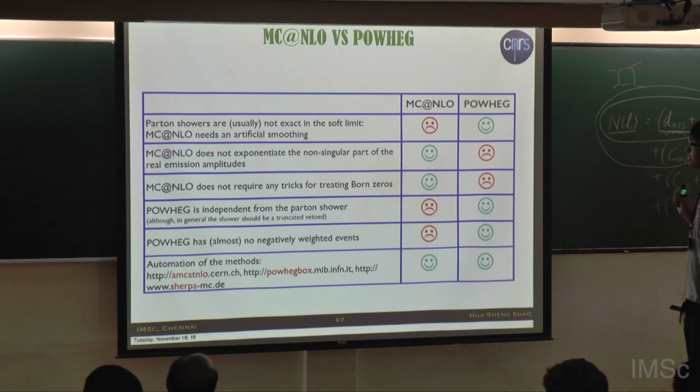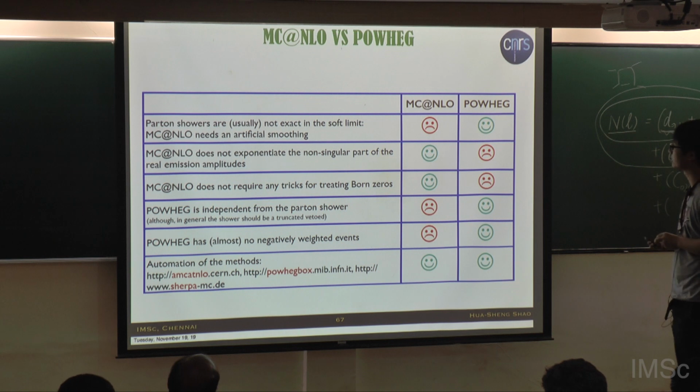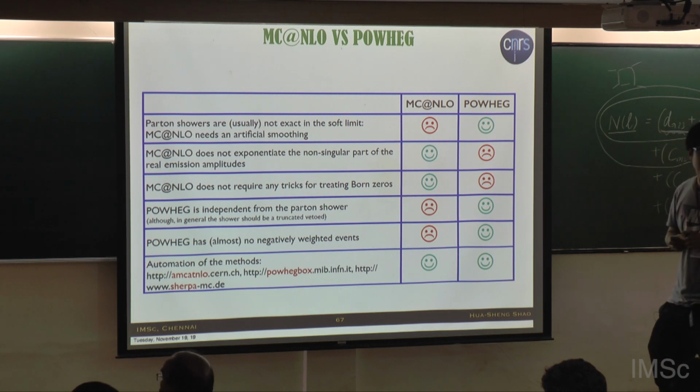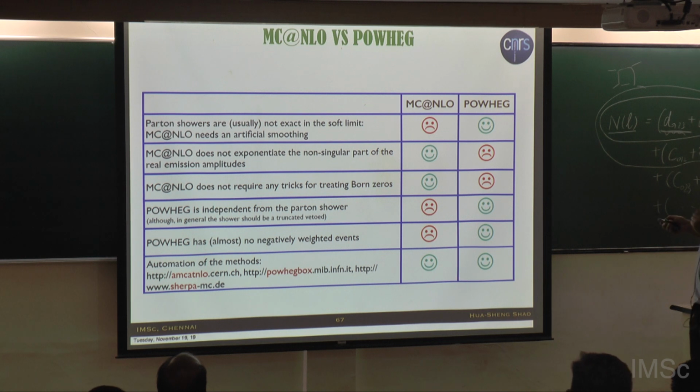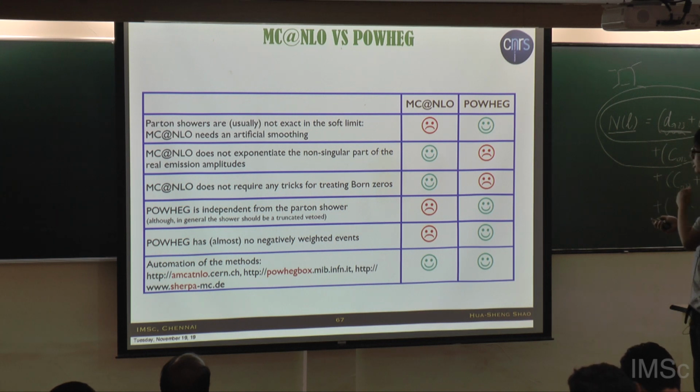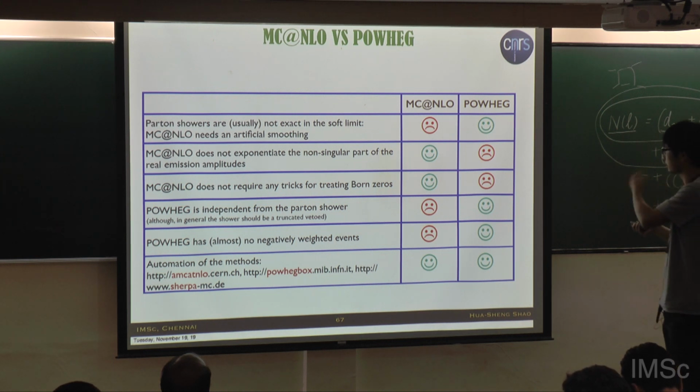So there's a comparison of the two approaches. There are both advantages and disadvantages, pros and cons. MC@NLO, as you say, the parton shower is usually not exact in the soft limit, so MC@NLO needs an artificial smoothing. POWHEG is fine, because it takes its Sudakov for the first emission.